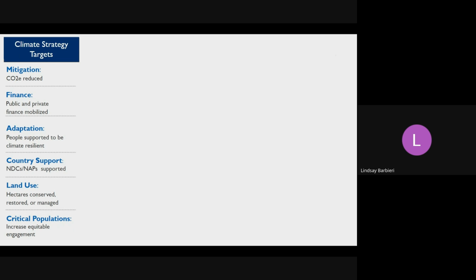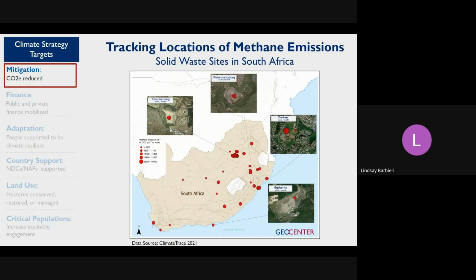And all of these are places where we have been able to provide geospatial support from the GeoCenter. So if we look at mitigation, we might look at tracking the location of methane emissions, as one way that geospatial information might help us better mitigate greenhouse gas emissions.